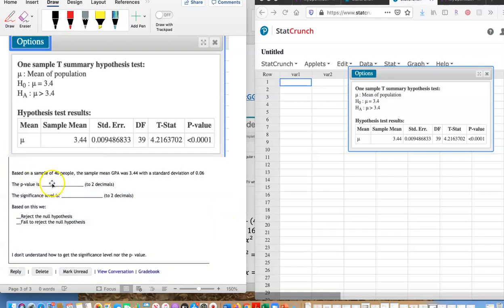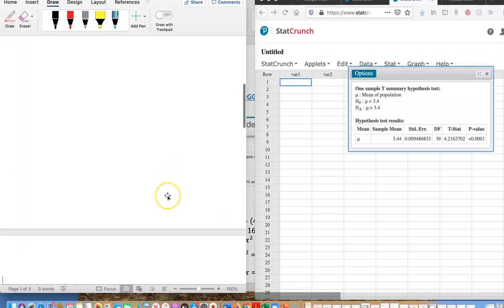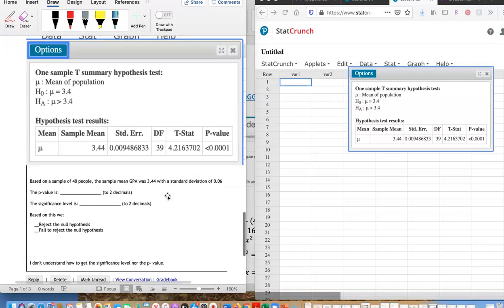Okay, well, that's going to be 0. The significance level given in the original problem was 0.01.